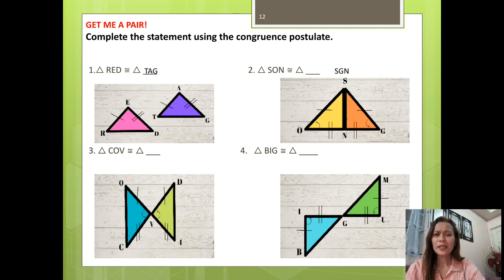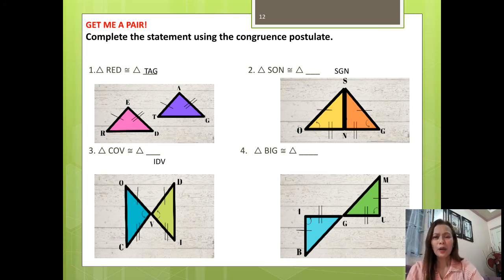For number 3, again, refer to the given figures. Triangle COB, from C followed by O, then V. We're going to follow the identical mark. Therefore, triangle COB is congruent to triangle IDV.